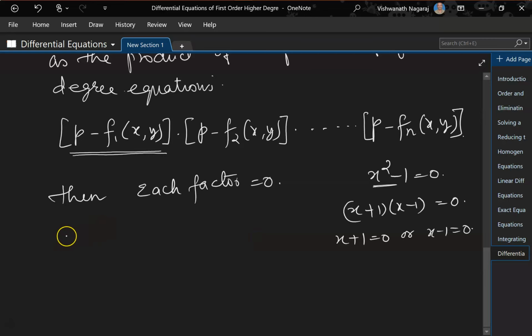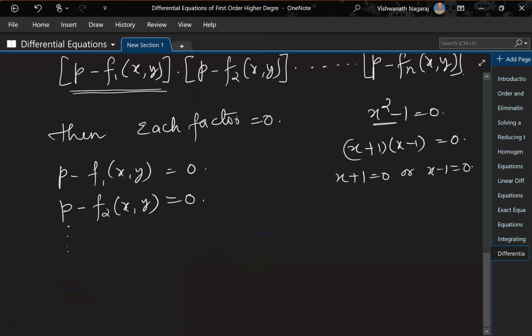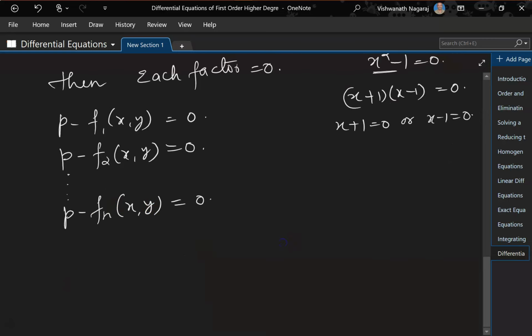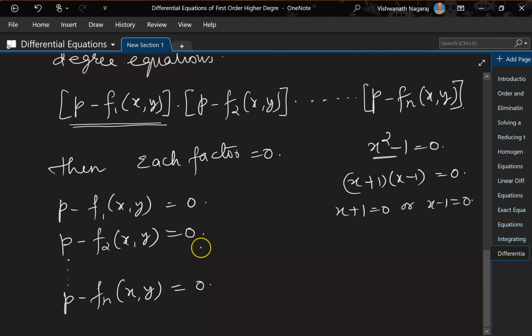So p minus f1 of x comma y is equal to 0, p minus f2 of x comma y equal to 0, and so on till p minus fn of x comma y equal to 0. Now each one of these is a first degree equation.